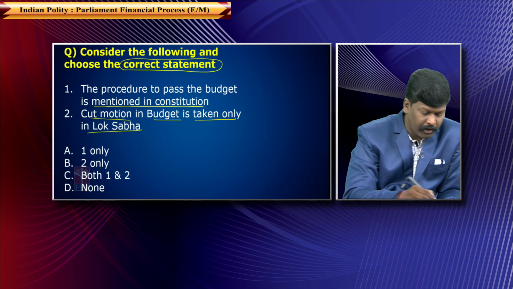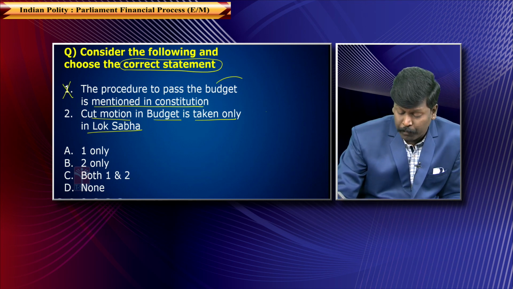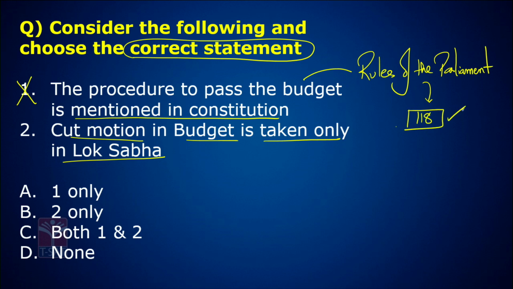Then how? It is mentioned in the rules of the Parliament. Now Parliament rules are actually framed by Parliament only according to Article 118. Article 118 provides the power to Parliament to come up with its own rules.